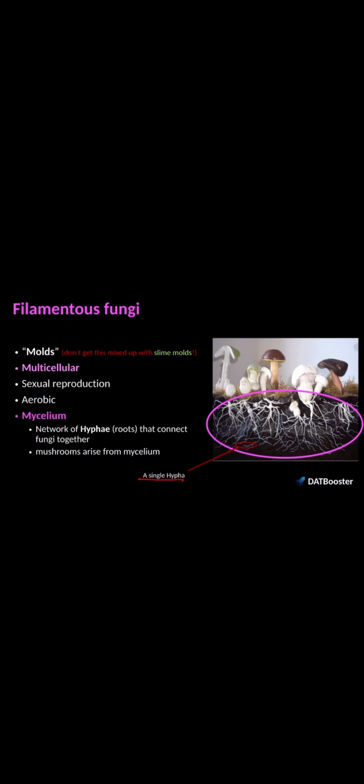Hyphae are responsible for nutrient absorption, producing enzymes to absorb nutrients in the soil, as well as growing the actual mushroom itself. So they're responsible for reproduction. Hyphae can also be referred to as filaments. That's where you get the name filamentous fungi. This fungi has hyphae, whereas non-filamentous fungi do not have a mycelium of hyphae.